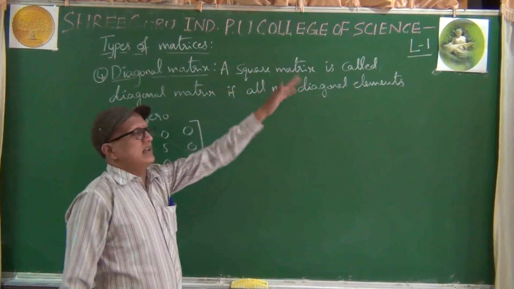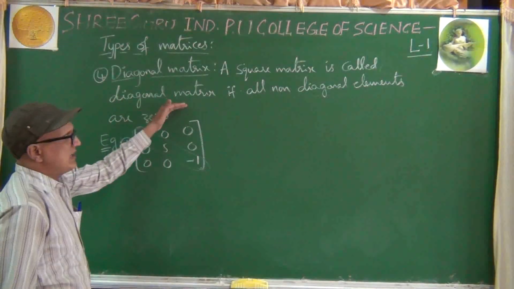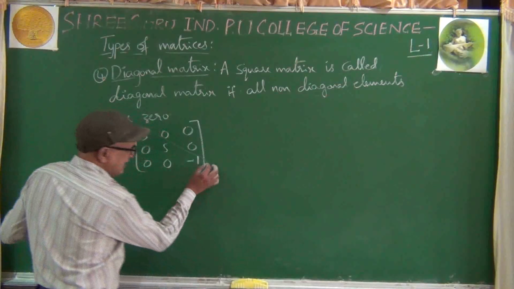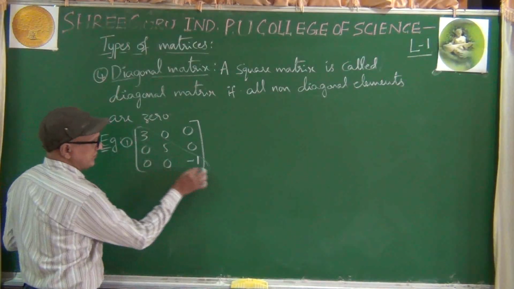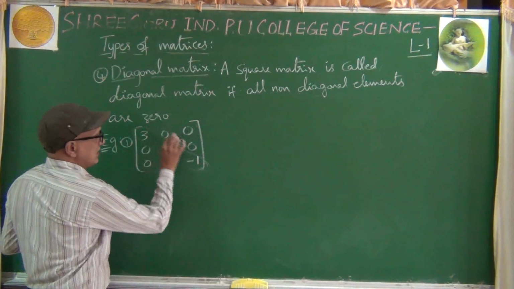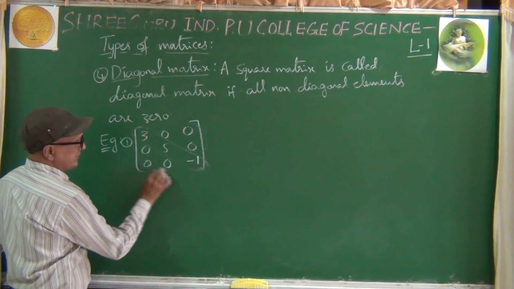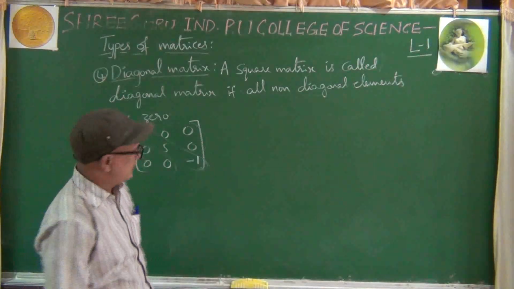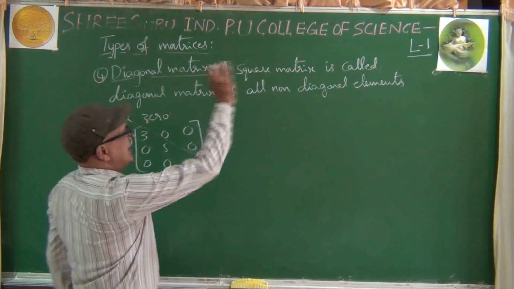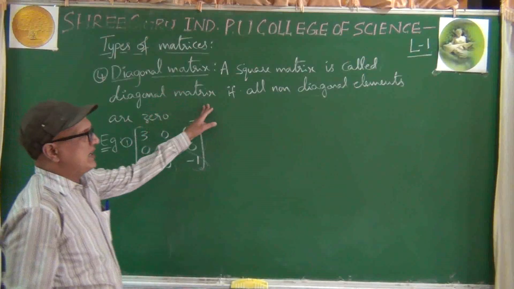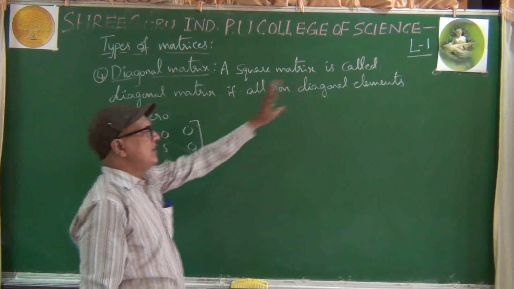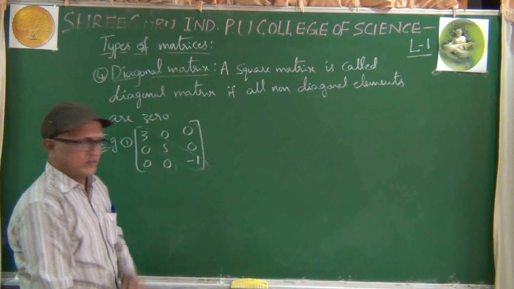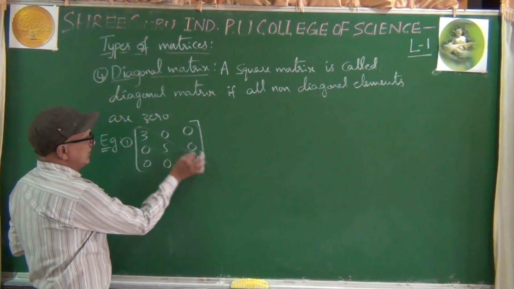A square matrix is called a diagonal matrix if all non-diagonal elements are 0. These are diagonal elements. These are non-diagonal elements, right? A square matrix is called a diagonal matrix if all non-diagonal elements are 0. These are 0.